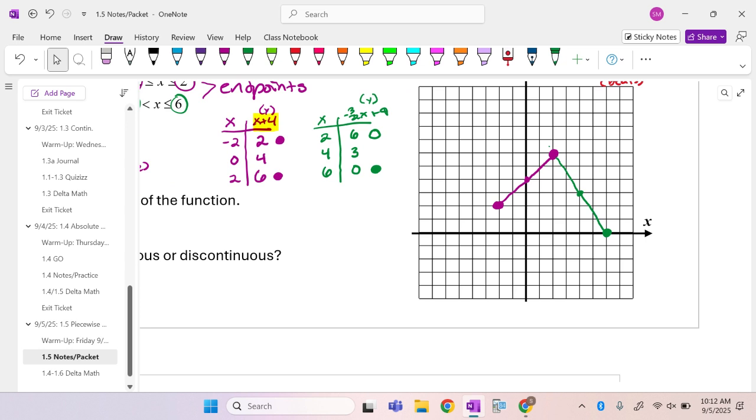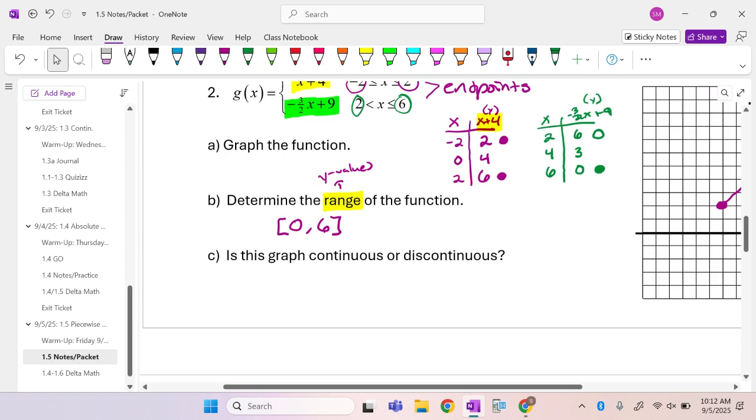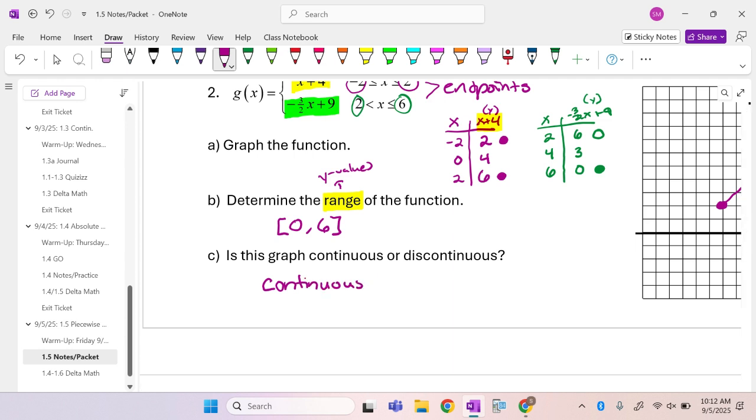No. So this is a continuous graph. If you ever had to run your finger or pencil along it and you had to pick it up and start somewhere else, it's discontinuous. All right. Any questions on any of this?